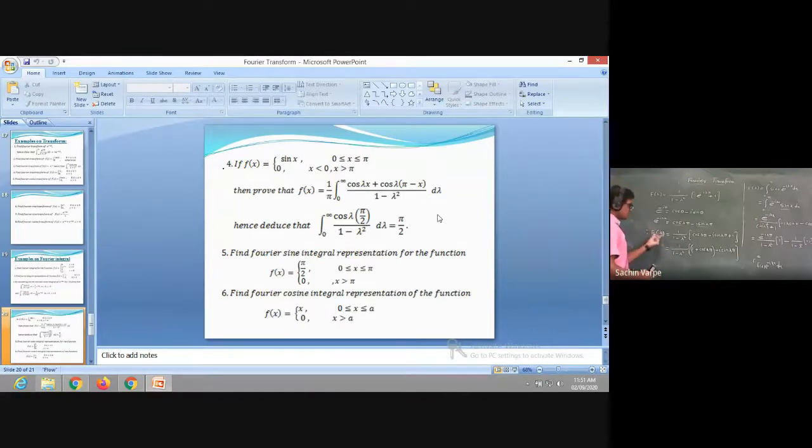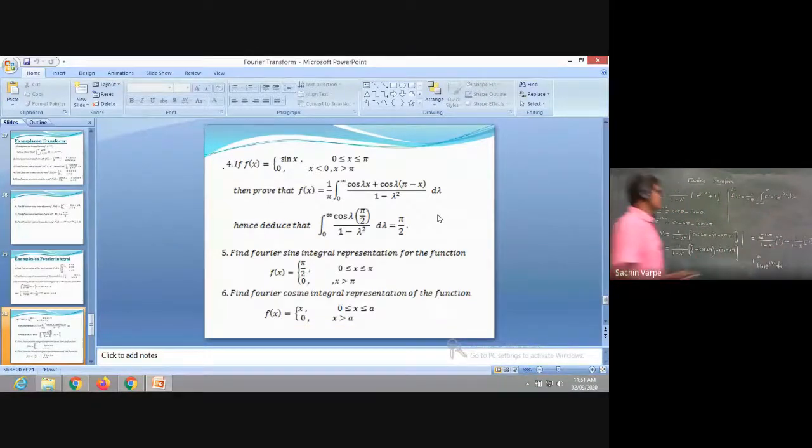So substitute this f of lambda into its integral. What is the Fourier integral? We have already started with that formula. Therefore, f of x is equal to 1 upon 2 pi integral from minus infinity to infinity, f of lambda e to the power i lambda x d lambda. Please check the formula.